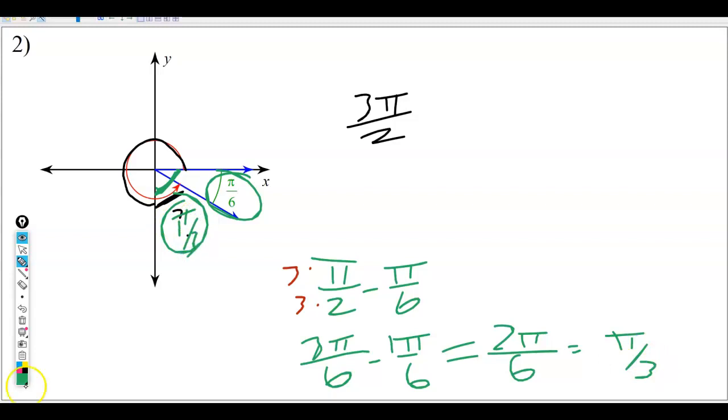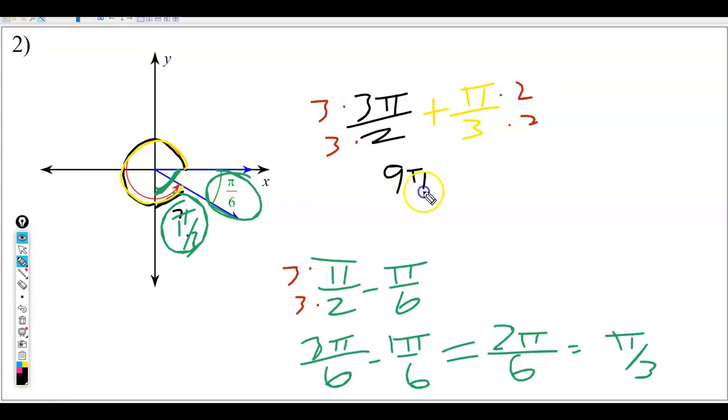So now we know that the distance from here to here is 3 pi over 2. And we just found out this part here is pi over 3. So I'm going to add pi over 3 in there now. And once again, we're going to need to get a common denominator to combine those things. So I'm going to multiply this one by 3 on the top and bottom, and this one by 2, so they both have a common denominator of 6.